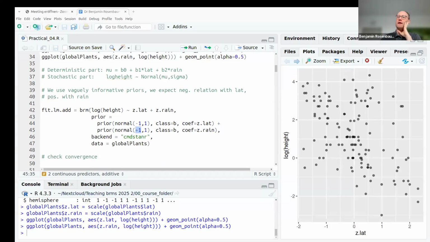Since the predictor values are scaled, and the response values are in a reasonable range, here between -2 and 4, I code my expectations in weakly informative priors. So I expect maybe there is a negative relationship of plant height with latitude, and there is some weak information from my expectation that there's a positive effect of rainfall.